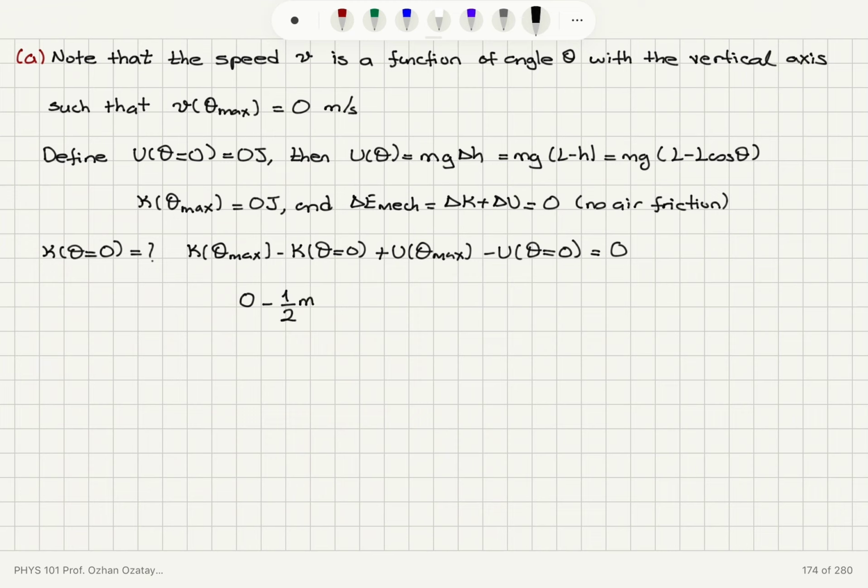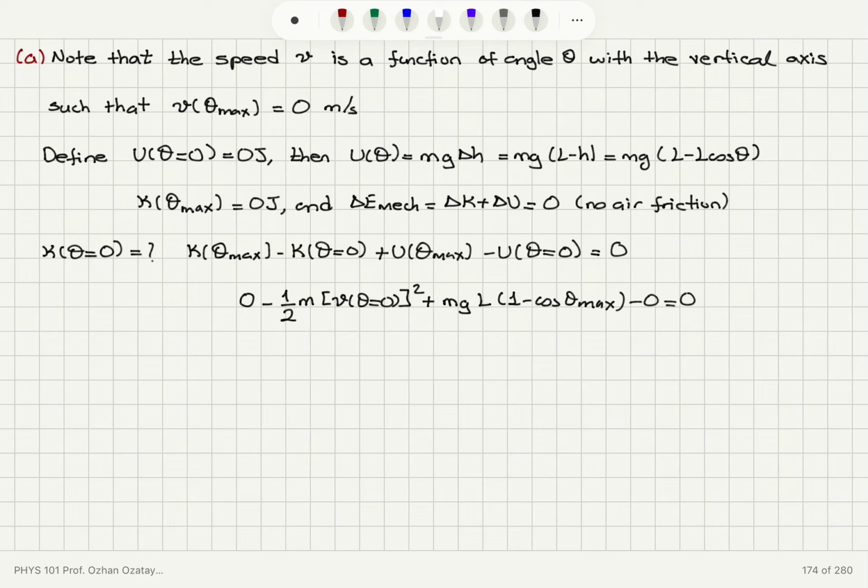I want to know the speed when theta is equal to 0, so this will be squared. This is going to be added to the potential energy mgL times 1 minus cosine theta maximum. Potential energy at theta equals 0 is 0.